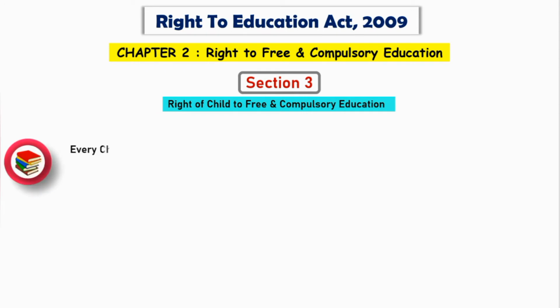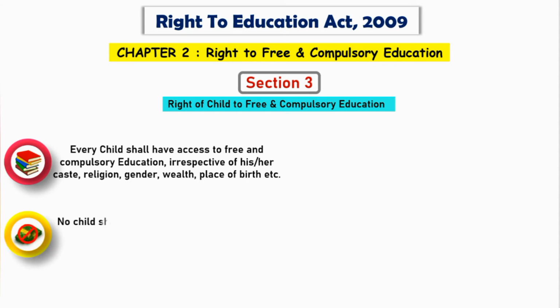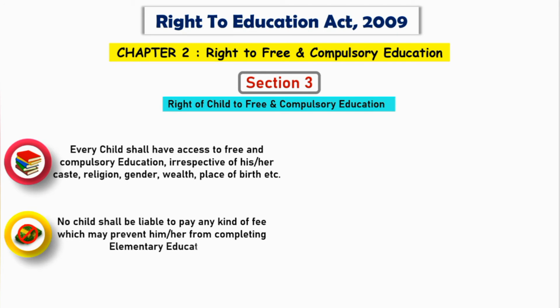That is, every child between the age of 6 to 14 years, irrespective of his or her caste, religion, gender, wealth, place of birth, etc., can have access to free and compulsory education. No child will be responsible to pay any kind of fee which may prevent him or her from completing elementary education.